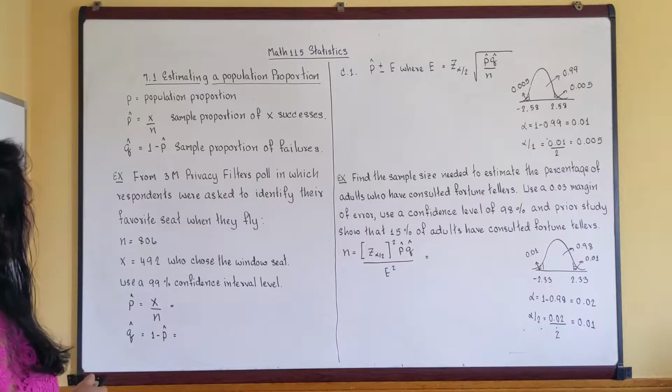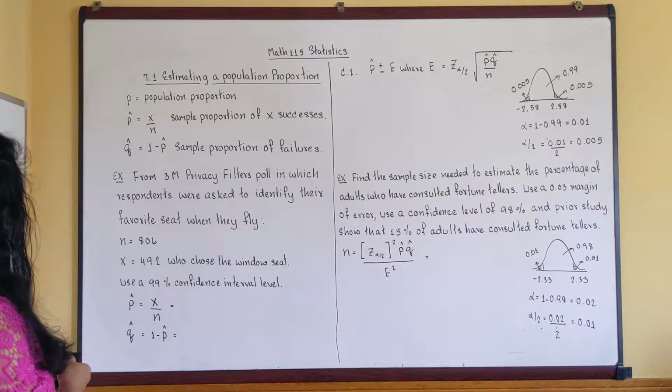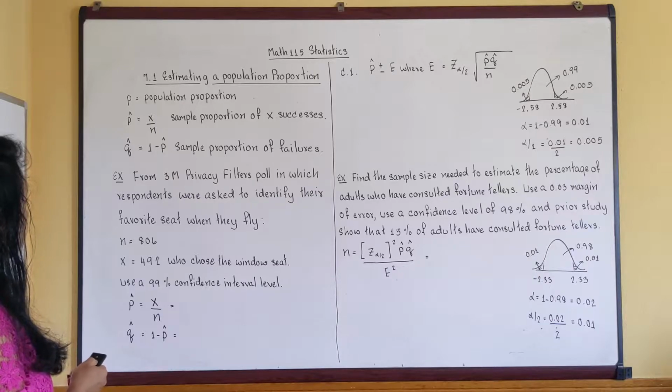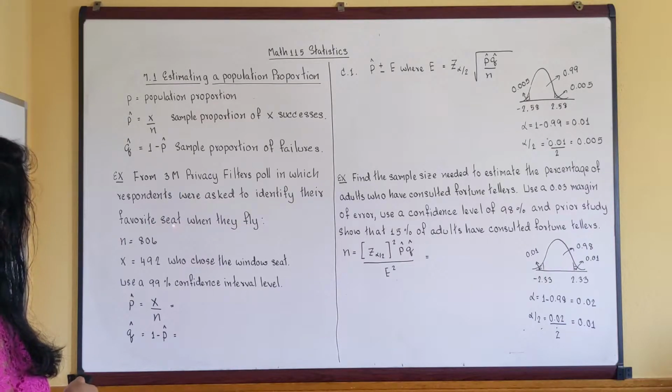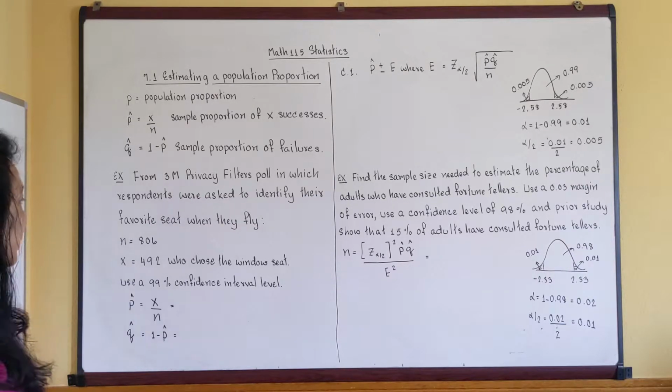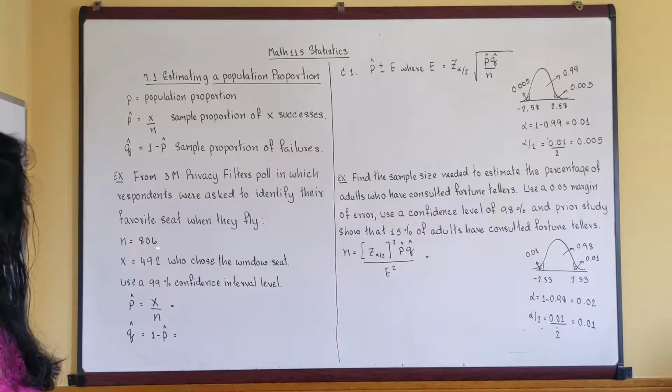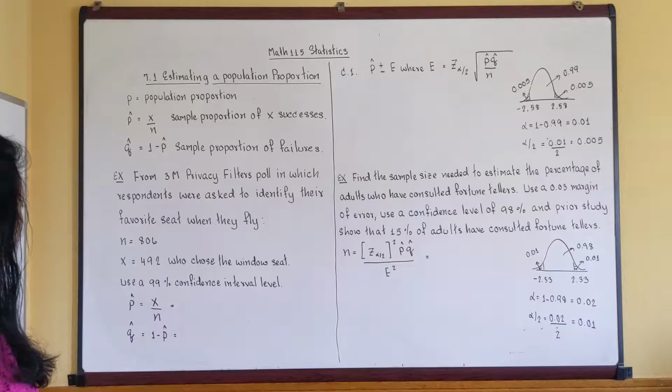Now let's look at our example here. From a 3M privacy filter poll, in which respondents were asked to identify their favorite seat when they fly. So they go out there and ask 806 people at the airport how many of them prefer a window seat.